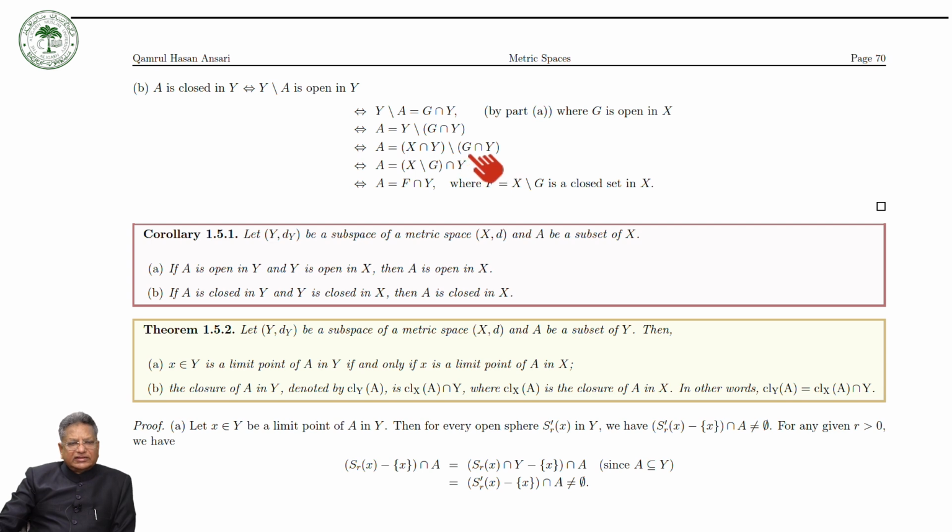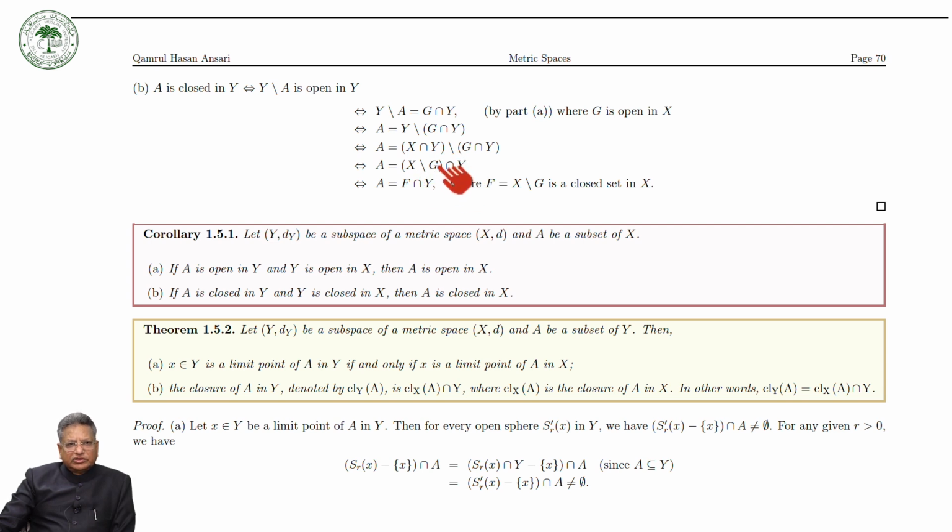That is to say, the complement of G intersection Y in X intersection Y, which is the same as saying that A is equal to the complement of G intersection Y.